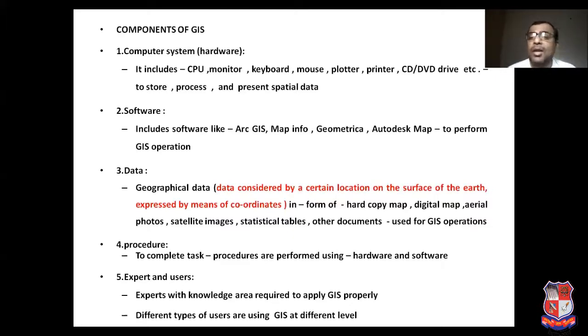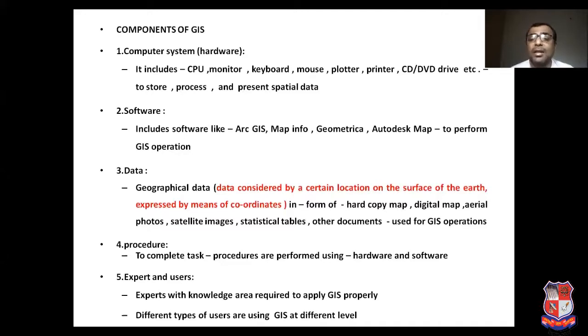Now, the third thing required is data. We require geographical data. Geographical data means data considered by a certain location on the surface of the earth, expressed by means of coordinates.